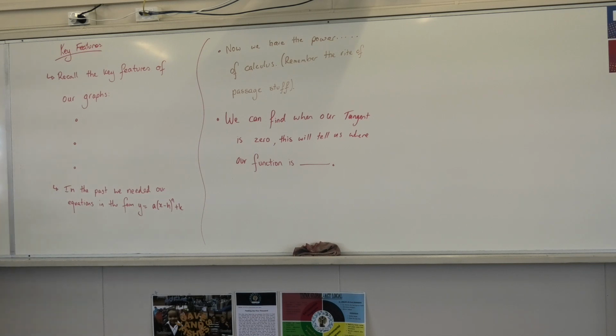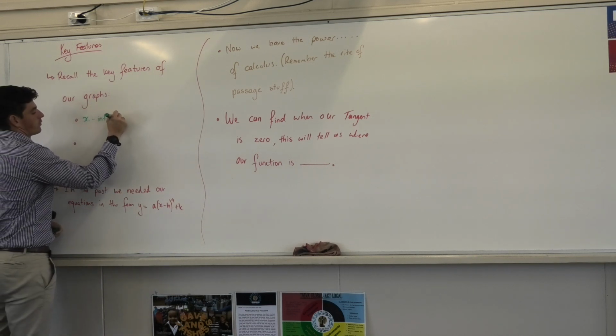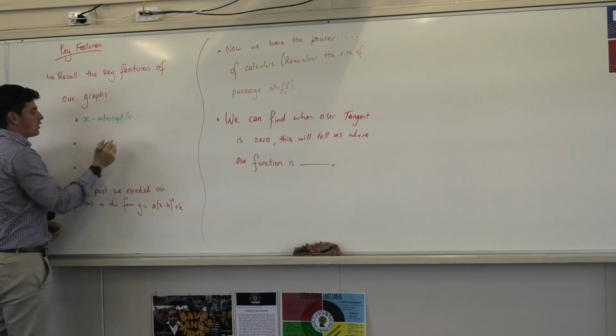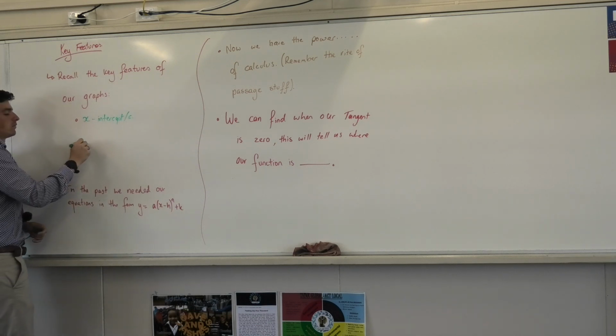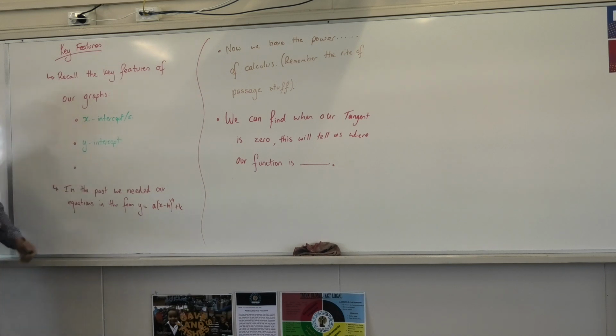So the key features of any graph, of any function, what are the key features that we've dealt with in the past? Yes, so we've got the x-intercept, or intercepts. Anything else?